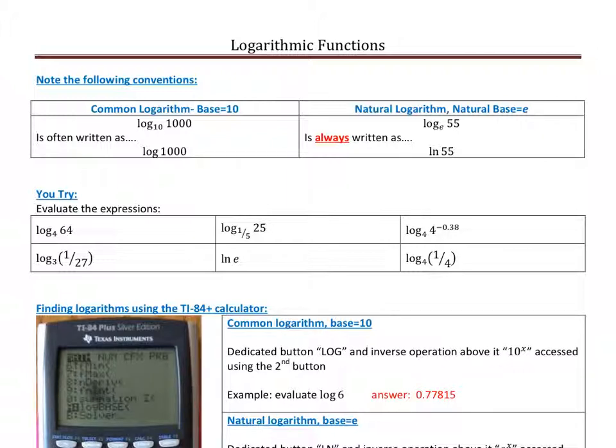Now, the common logarithm is so popular, it's used in so many real-life scenarios. It's used for the Richter scale in measuring the magnitude of earthquakes. It's used on a decibel scale, which measures loudness in sound, also RF power.